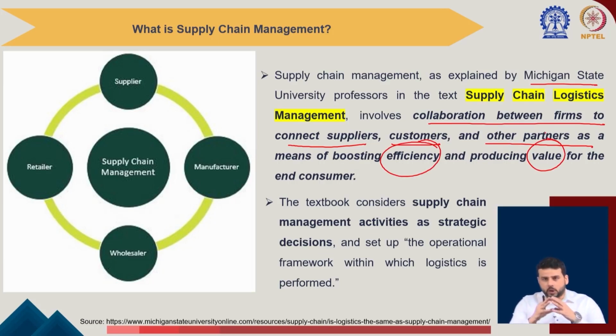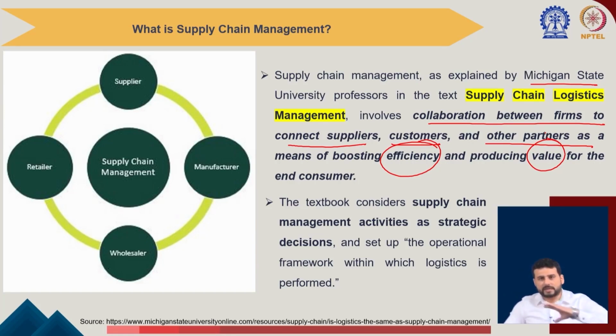So for this whole set of activities, the only purpose is that we should deliver quality products with the maximum value possible and with the highest efficiency, so that we can minimize the cost of operation, delivering the product, manufacturing the product. And if we can do so, we will be more competent with respect to our competitors, because then we will have extra margin. Maybe that margin we can share with the customers as some offers, or maybe we can keep that margin with us for further expansion, right?